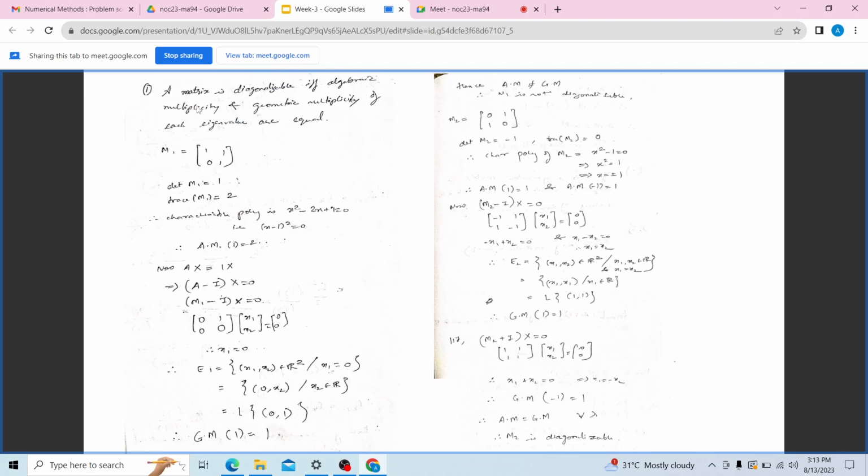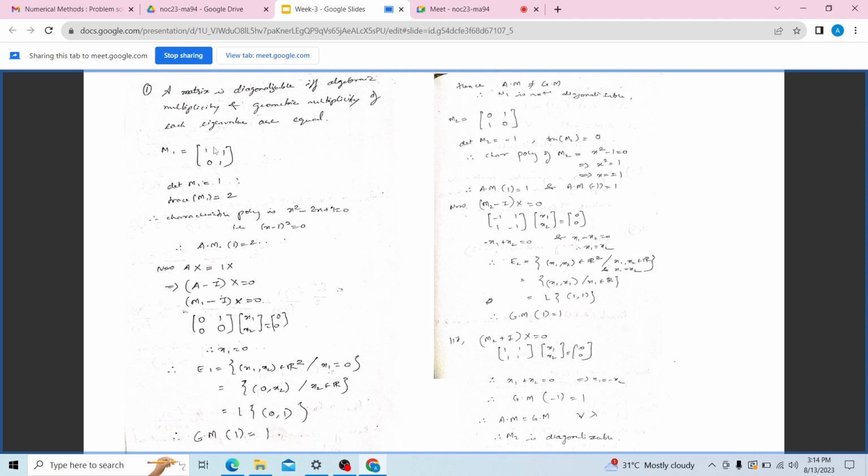If you are given a matrix, it is diagonalizable if and only if its algebraic multiplicity equals geometric multiplicity for each and every eigenvalue. So when you consider matrix M1, that is 1 1 0 1, calculate its determinant, that will be 1 minus 0, which gives 1. Now what is the trace of M1?